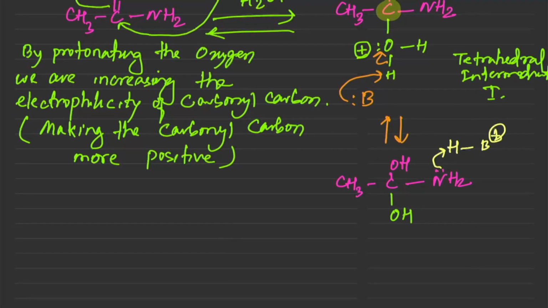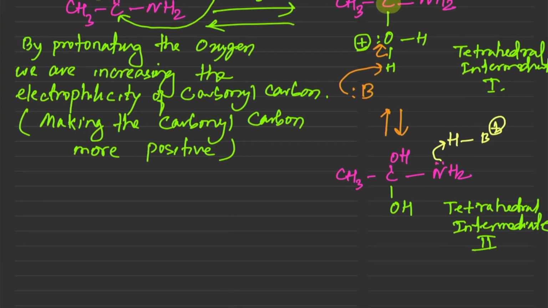Oh, by the way, this is our tetrahedral intermediate 2. We're going to get 3 of these. That's how you know if you don't have 3 of the tetrahedral intermediate, you did something wrong.